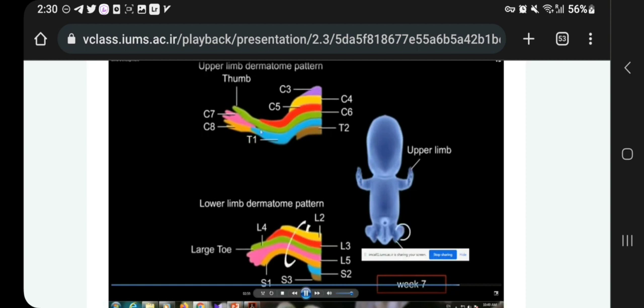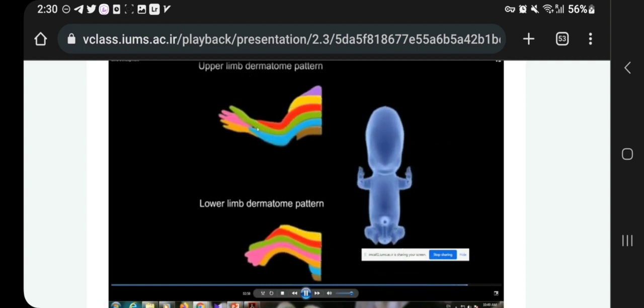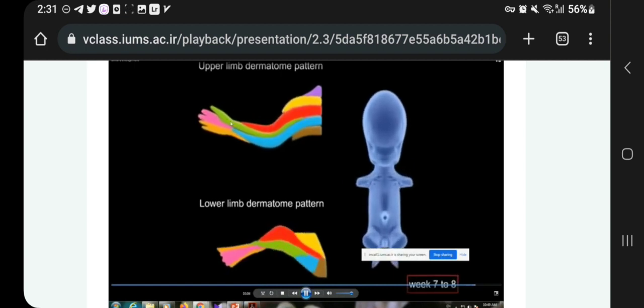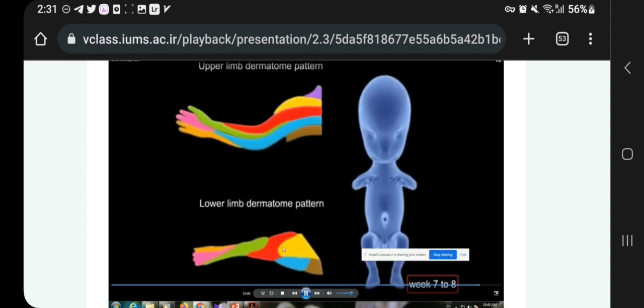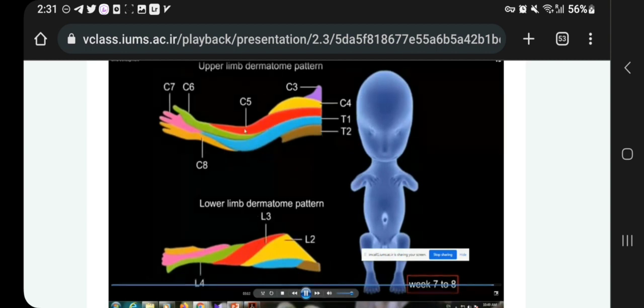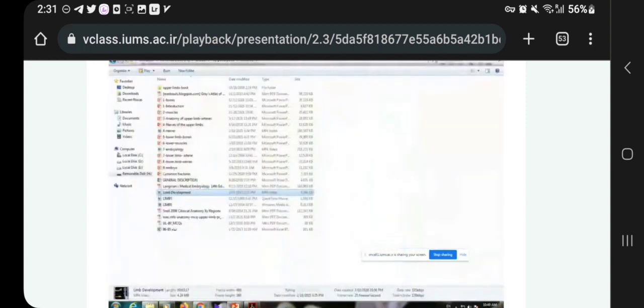When the rotation happens, they make a difference and change the site of the dermatomes. Look there. All of the dermatomes change with the rotation. Okay.